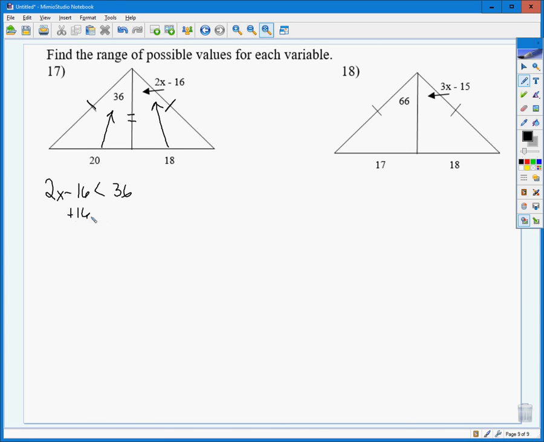I'm going to add 16 to both sides. I now have 2x is less than 52, and I'm going to divide both sides by 2. And x is going to be less than 26.